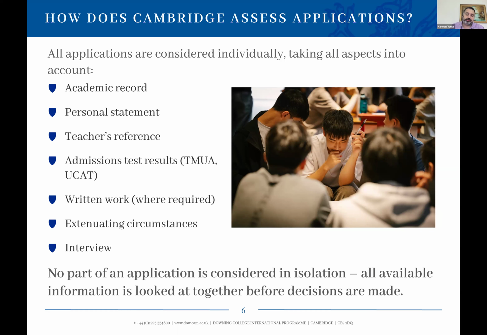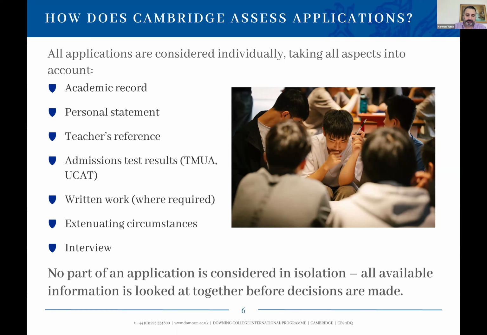We'll look at your test scores. If you applied for a subject where you have to sit a test, for example, if you're applying for computer science or economics, you have to sit the TMUA, the test for mathematics for university admissions. Now, there's no pass or fail mark in this test, but what we do is look at your individual score and compare it against a gathered field.